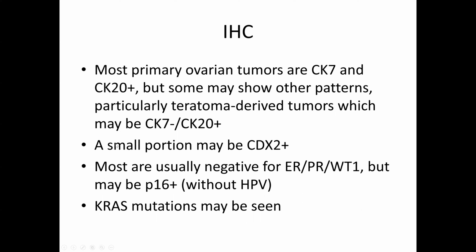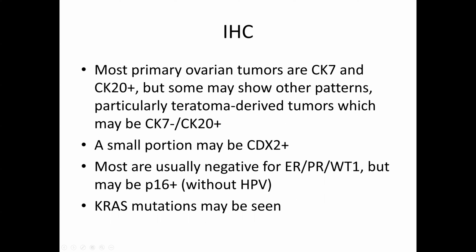The enteric versions not infrequently will express CDX2, and thus reliably differentiating primary versus metastatic is problematic. But certainly more frequently, metastatic tumors are almost uniformly going to be CDX2 positive. They'll usually be negative for the hormone markers, P16 may be positive, and so forth.